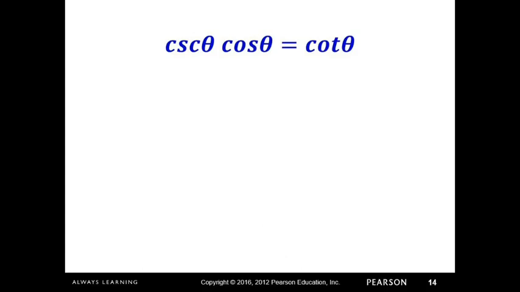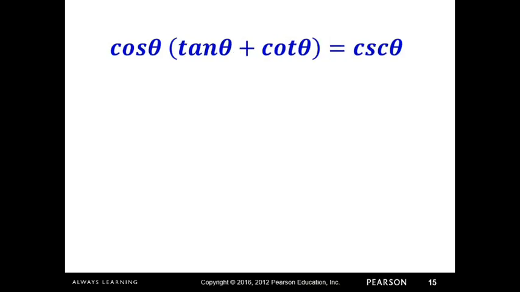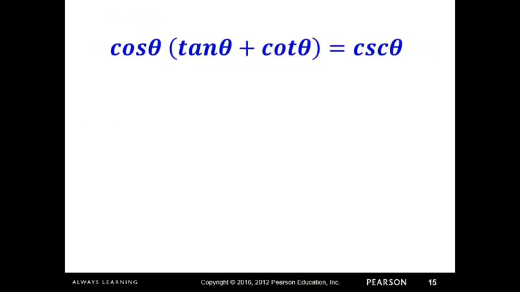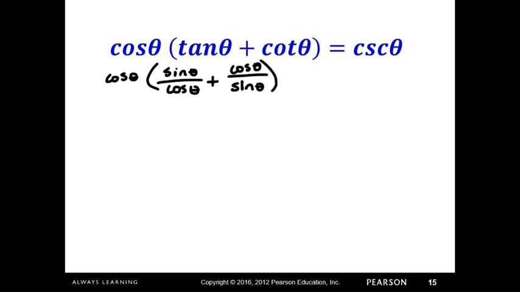Okay, let's go to the next one. All right, so for this one, we're going to have cosine theta, and we're going to change tangent to sine theta over cosine theta, plus cotangent is cosine over sine. Now this is the way I would do it, but there's an easier way to do it, but this is the way I did it first.